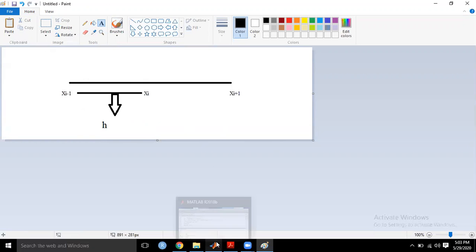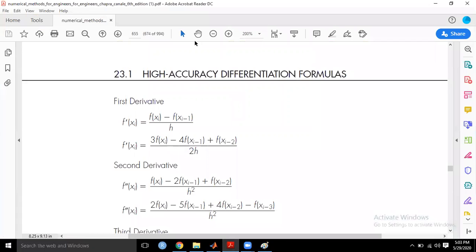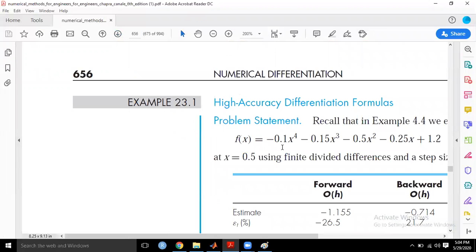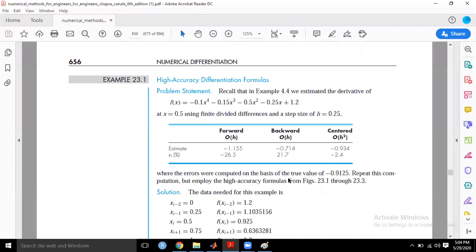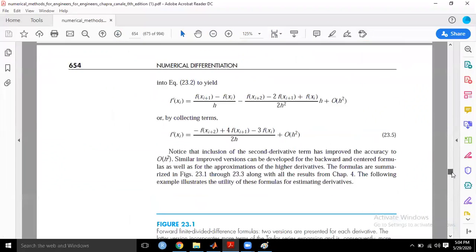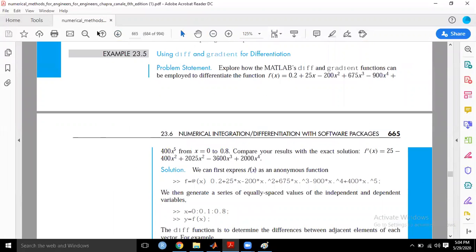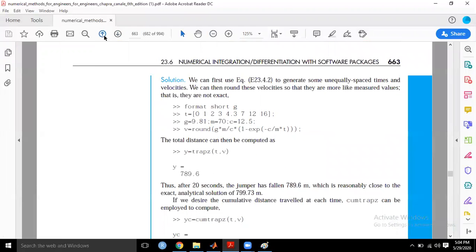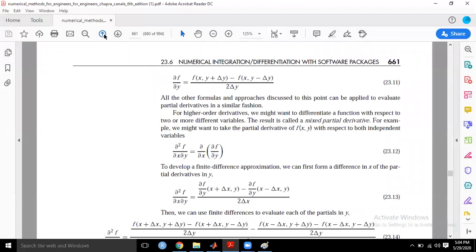This is the basic understanding of backward numerical differentiation. Now let us go to the centered one. Similarly, we can discuss the formula for the centered numerical differentiation.